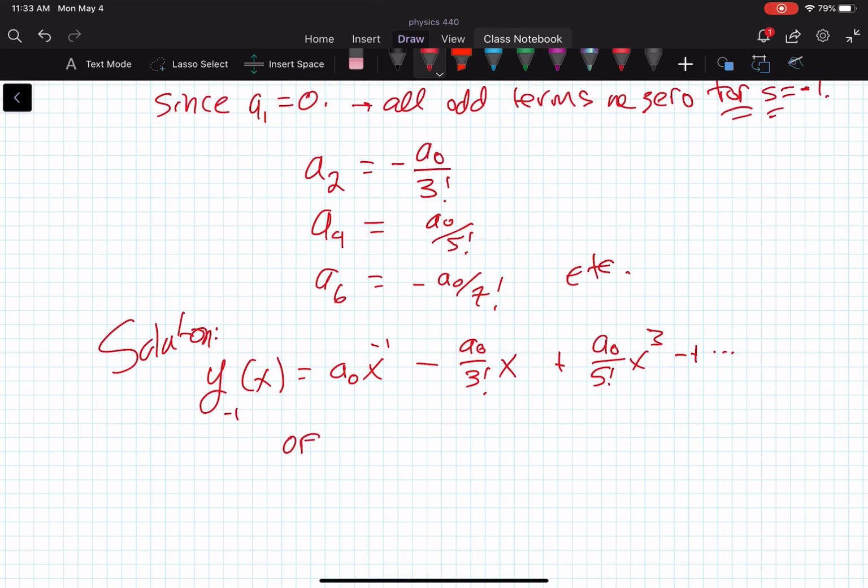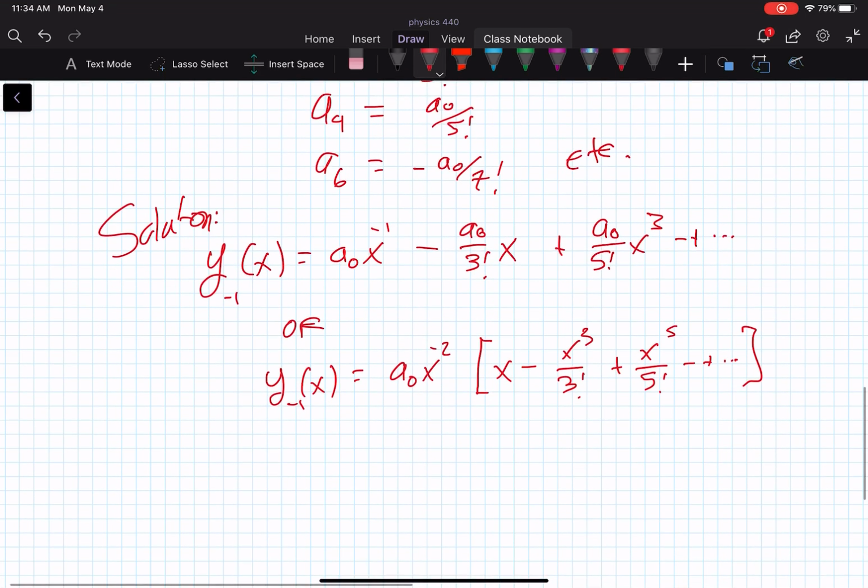Or, finally, y sub minus 1 of x is equal to a naught times x to the minus 2 times x minus x cubed over 3 factorial plus x to the 5th over 5 factorial. But we know what that is.